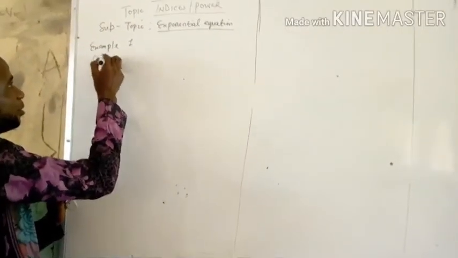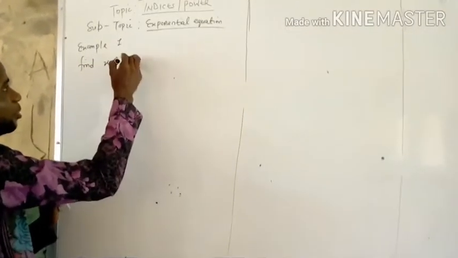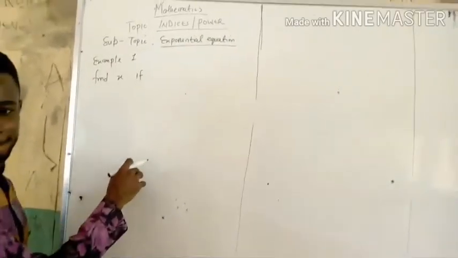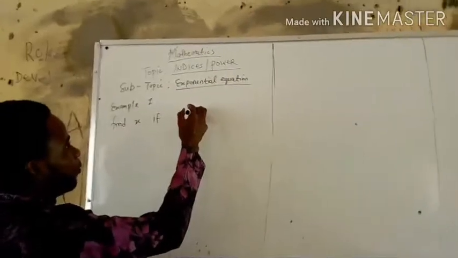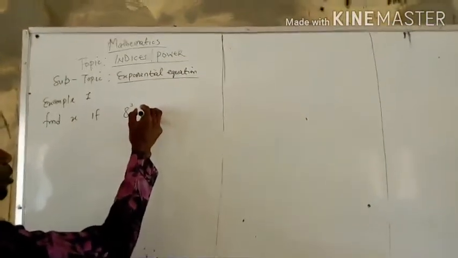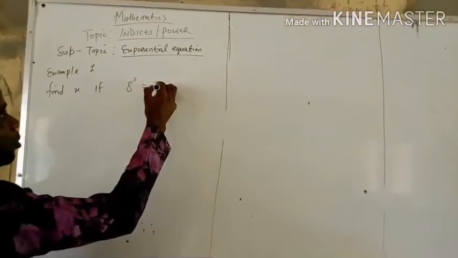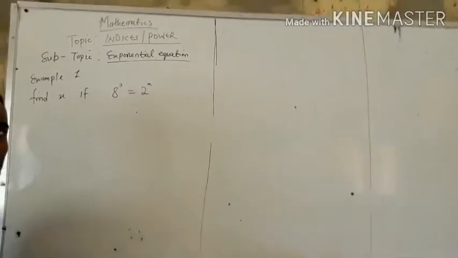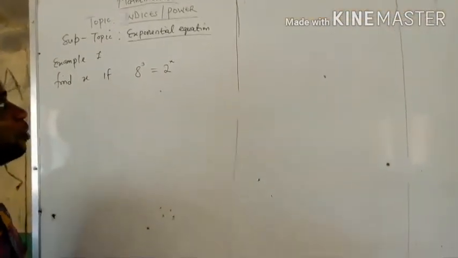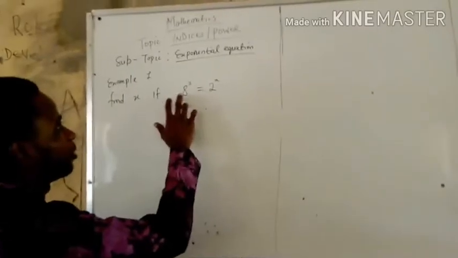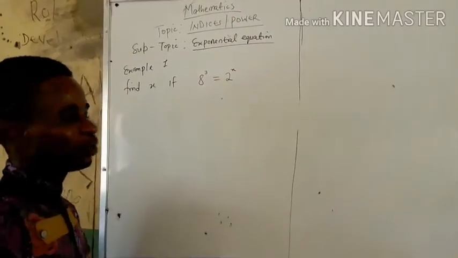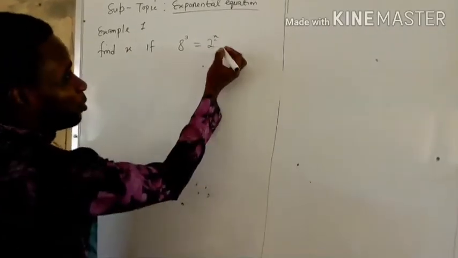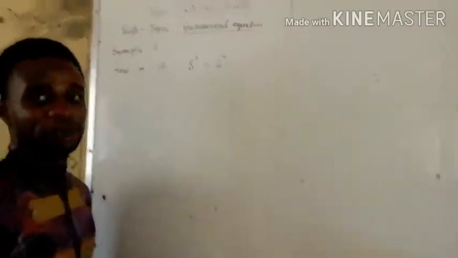Find x if 8 raised to the power of 3 is equal to 2 raised to x. Find x if 8 raised to the power of 3 equals 2 raised to x. So we are expected to get the value of x here.